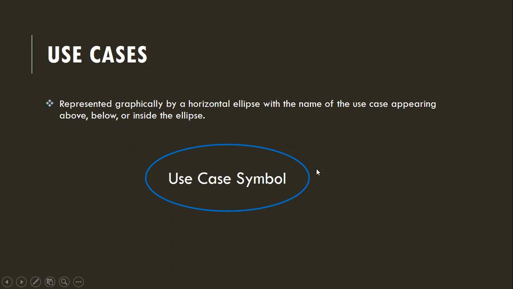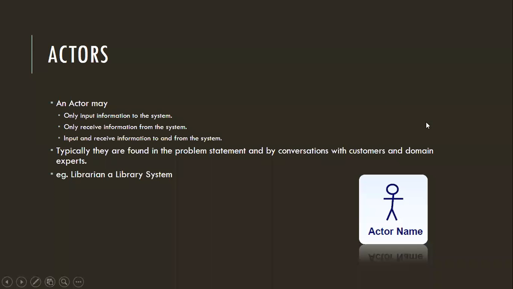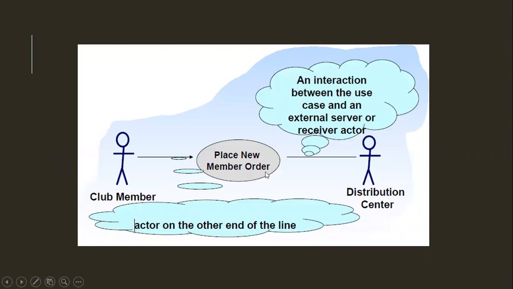You can mention it above, below, or inside what the use case is. For example, see here, place new member order is mentioned inside. This is a function, place new member order, so this is known as a use case.